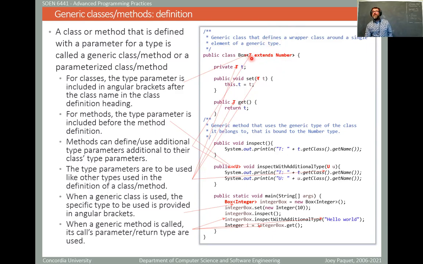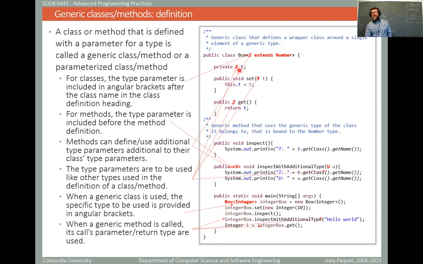So here you're declaring this variable T, which is the type parameter of this class Box, which makes it a generic class in Java. Now what that means is, as you see here, I'm using T as the type parameter. So what that allows me is to use T wherever, in the scope of the definition of this class, I would be able to use a type.